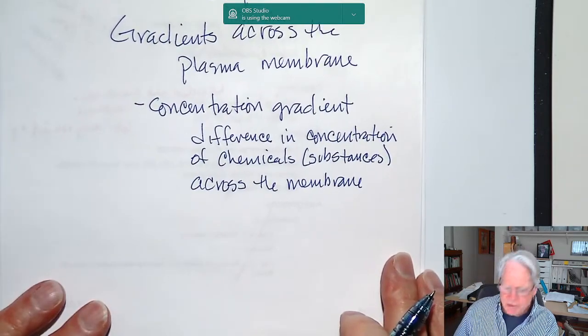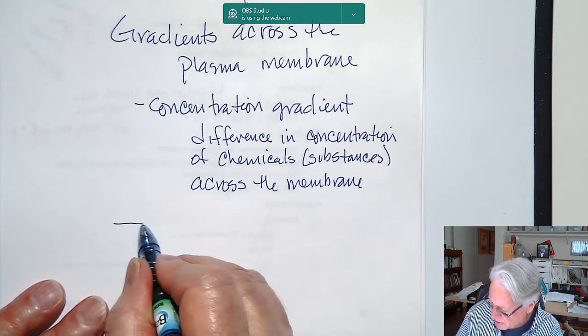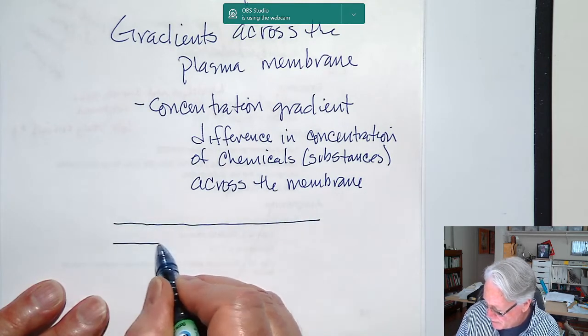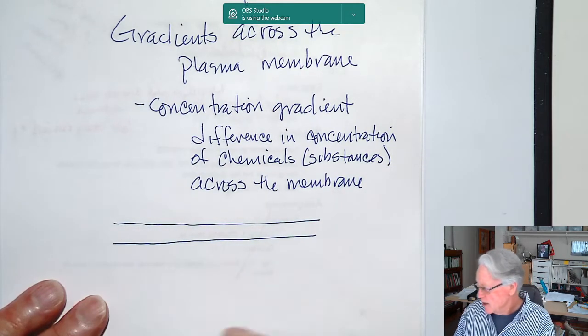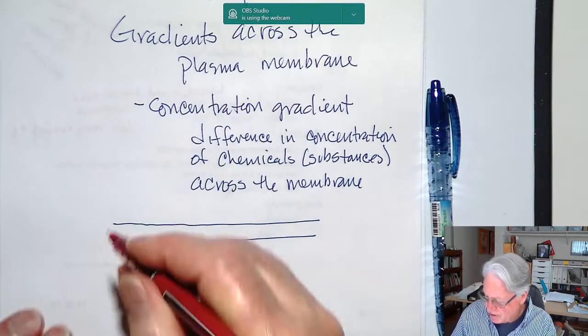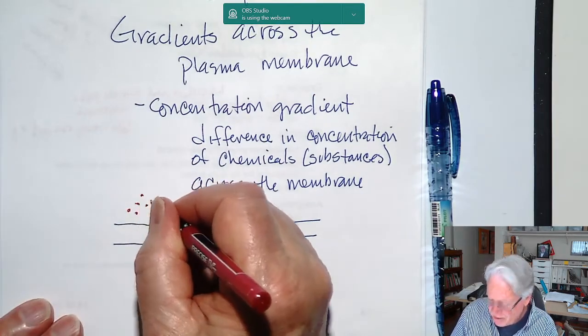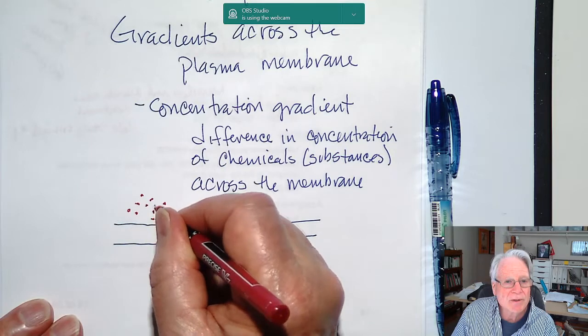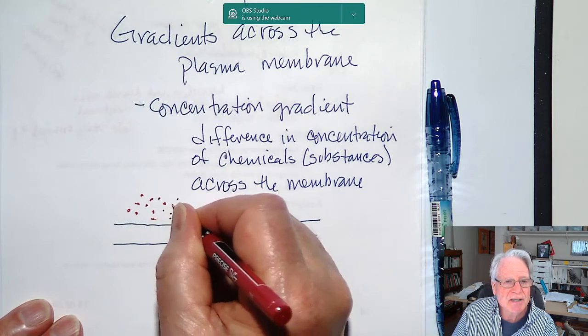And let's go ahead and draw a very simple example of what we're talking about. So here's my membrane. And I'm going to take this. So I've got a lot of this on this side.